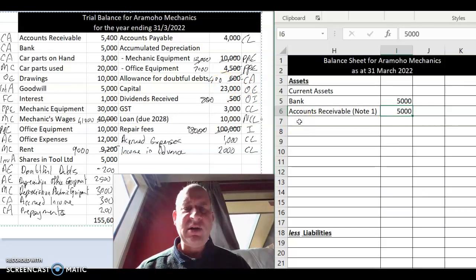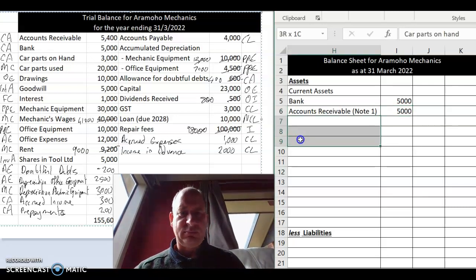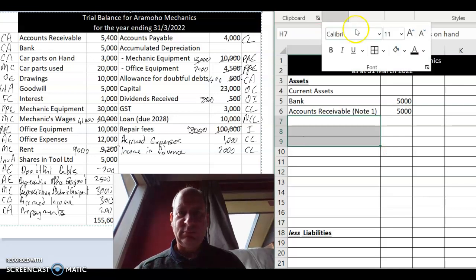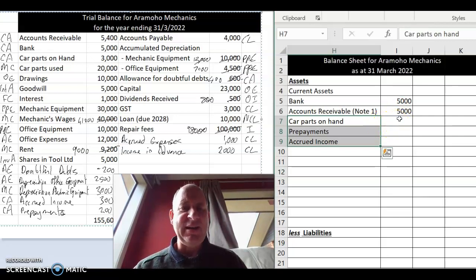Any other CAs, I'll get you to write those in too. Note the car parts on hand, because we're using car parts. These are stock that we have but we haven't sold yet. So that's why those are current assets as well.